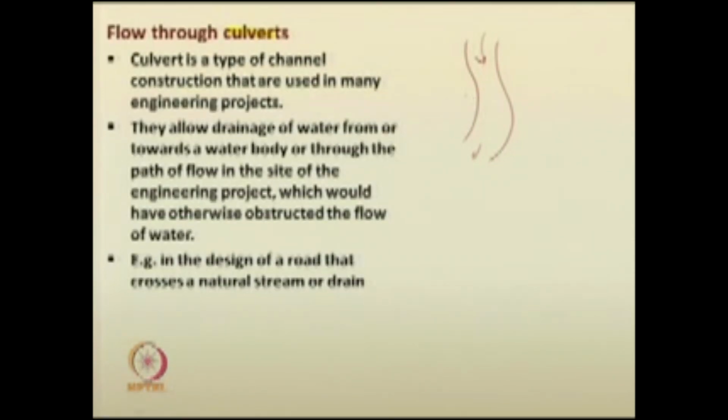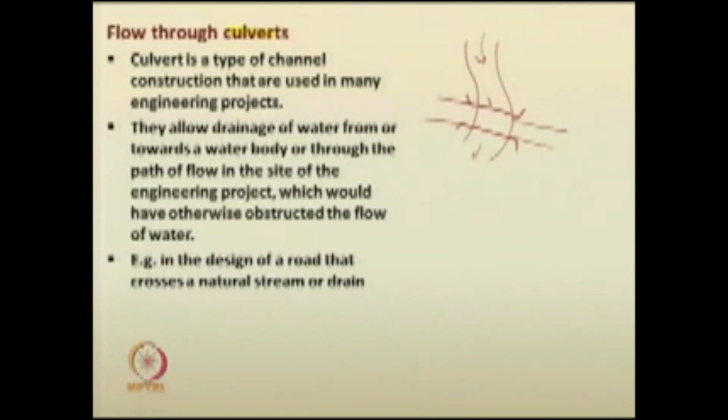If the drainage is like this, and if we construct a culvert of this form, then you can easily allow a road to be built across this drainage. Water will flow through this culvert, and the road is not going to block the natural drainage path of the water.